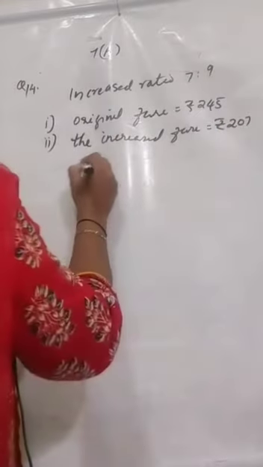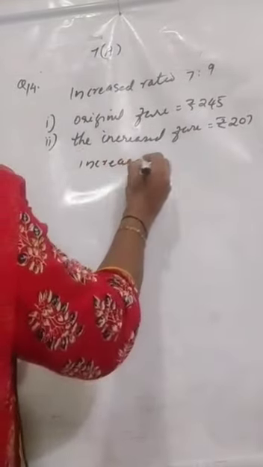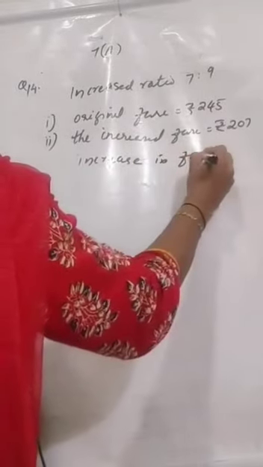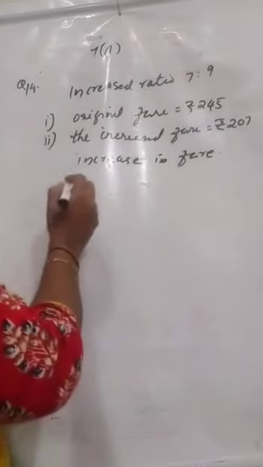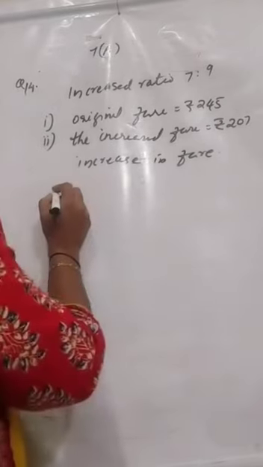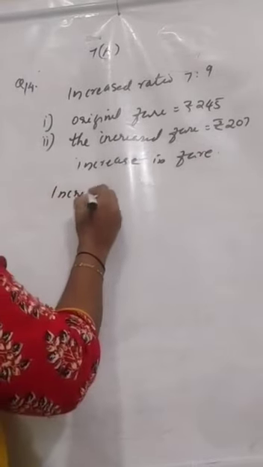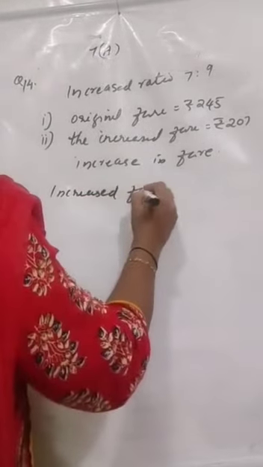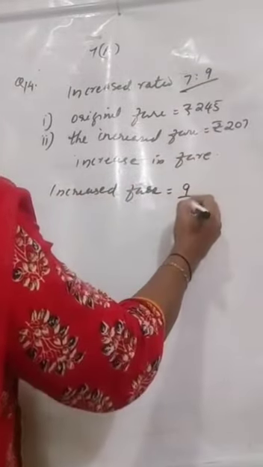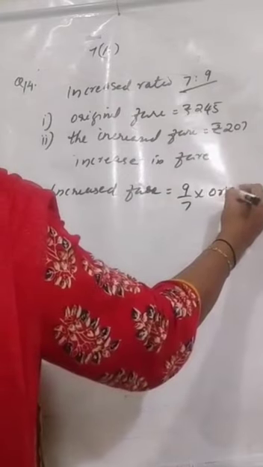We have to find the increase in fare in both cases. How can we calculate this? We know the formula. Increased fare equals, as the ratio is given, 9 by 7 into original fare.